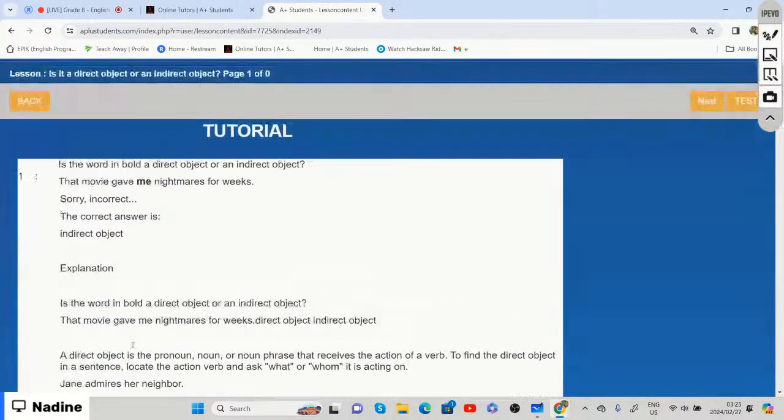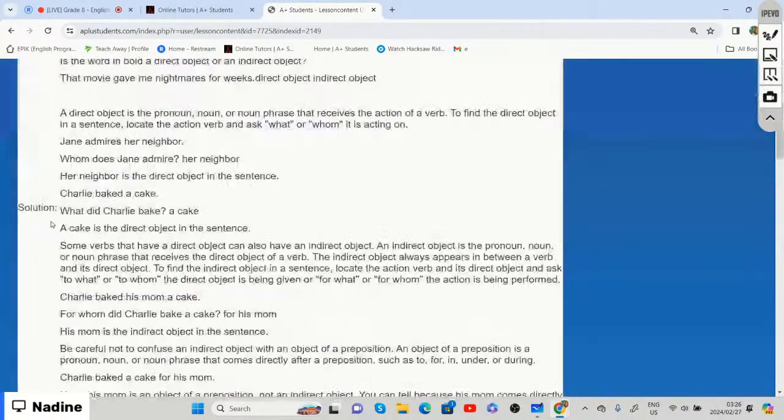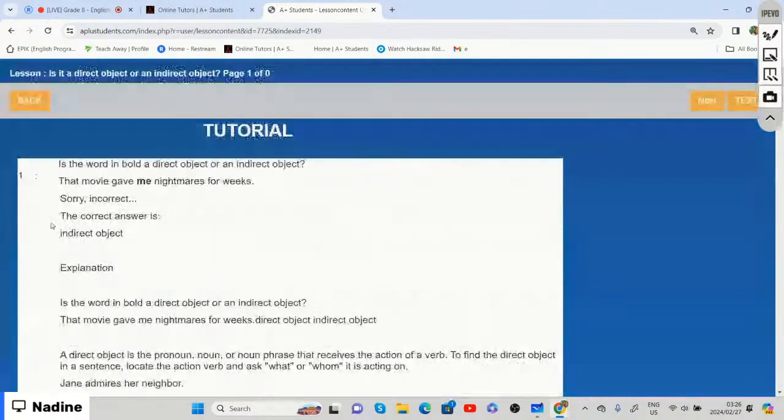So now if we look at this word, it says, is the word in bold a direct object or is it an indirect object? That movie gave me nightmares for weeks. So the word me, right?